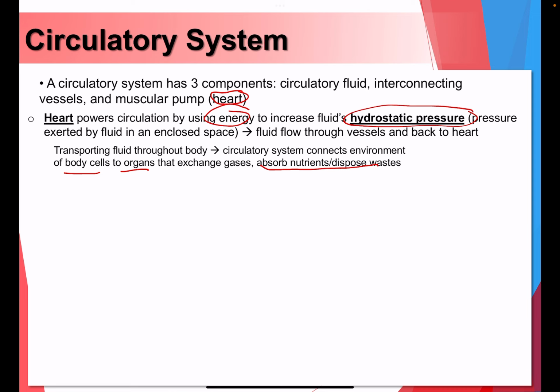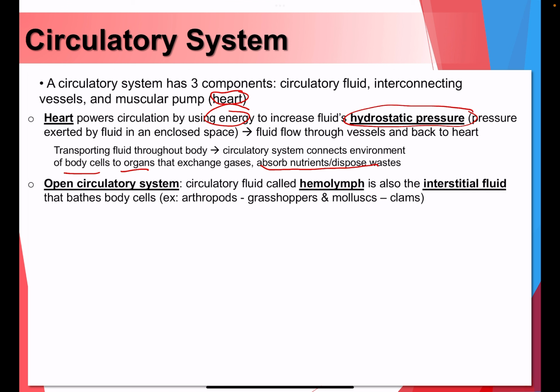Carbon dioxide is a waste for our body. Even though it's a waste, we have to have homeostasis of carbon dioxide as well. We cannot live without a little bit of carbon dioxide in the body. Why that's the case, if you take Anatomy and Physiology 2, we'll talk all about that.